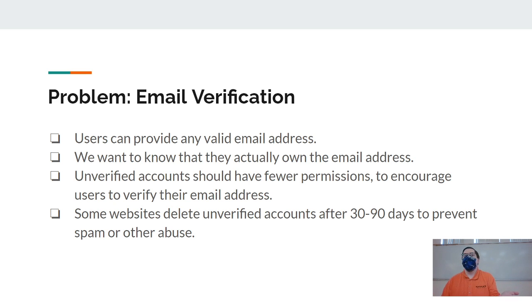Not really. In our interest, though, we'd rather have people create real accounts with real emails. So oftentimes, in order to confirm that they actually own the email, we send them an initial confirmation email to say, click on this link to prove you are this person.